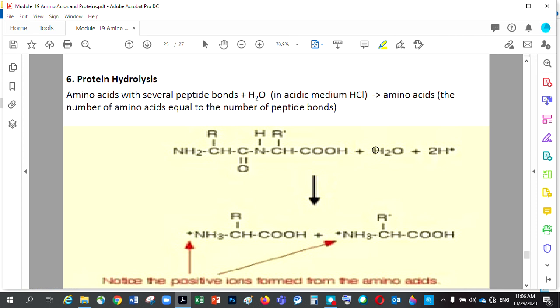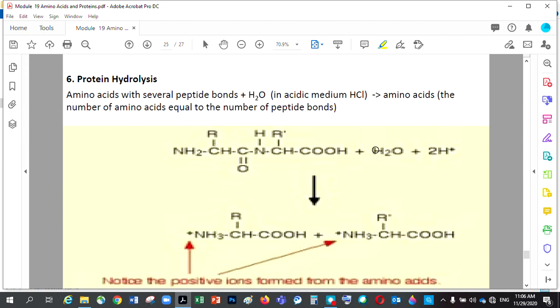Now we have a polypeptide made of 50 amino acids. I can put H2O and an acid there, sulfuric acid, for example.